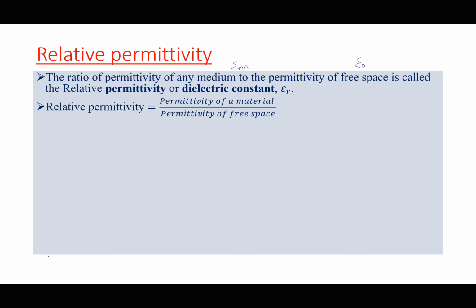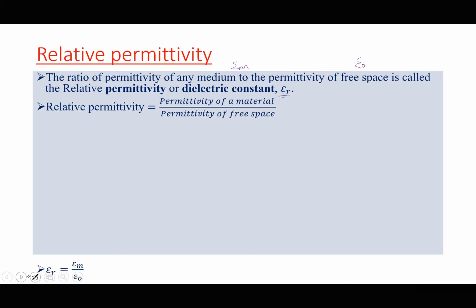In other words, relative permittivity of a medium is the permittivity of the medium divided by the permittivity of free space. This is normally written as epsilon r to mean relative permittivity.